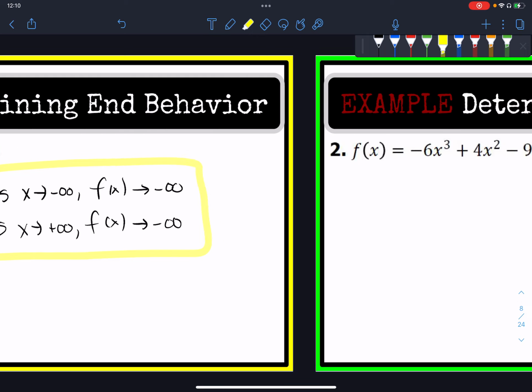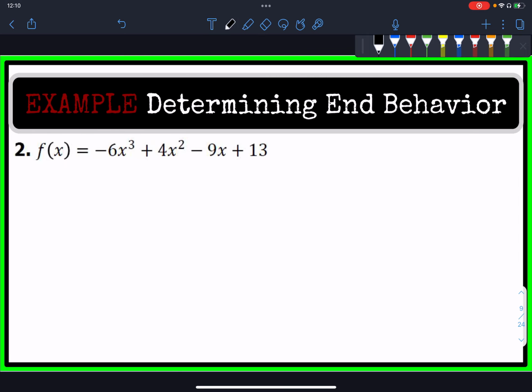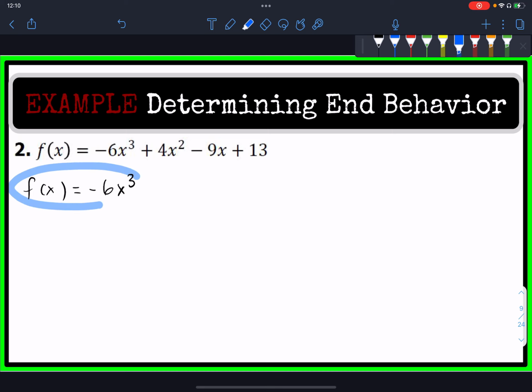Let's look at another example. Here, the end of this polynomial is going to behave the exact same way as this power function. Because we have a negative coefficient and an odd exponent, it behaves like this, where the left end is pointing up and the right end is pointing downwards.